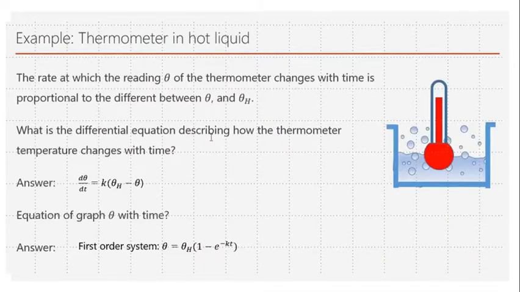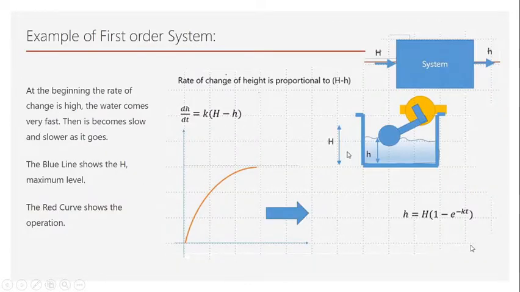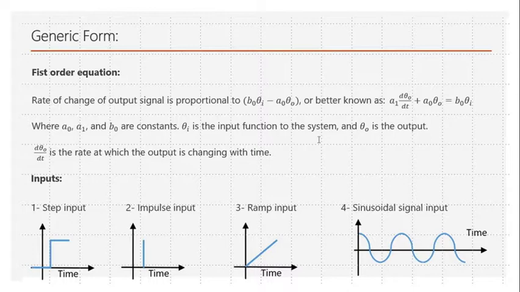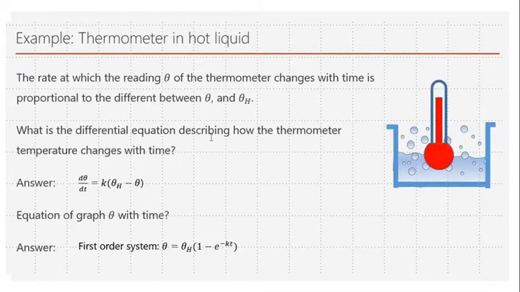those three examples. Here we have our exponential equation, here we have this exponential equation, and here we have this exponential equation. So if you want to get to a generic form, we would consider the difference part, so the part that I have capital H minus H, or theta, what was the one here?